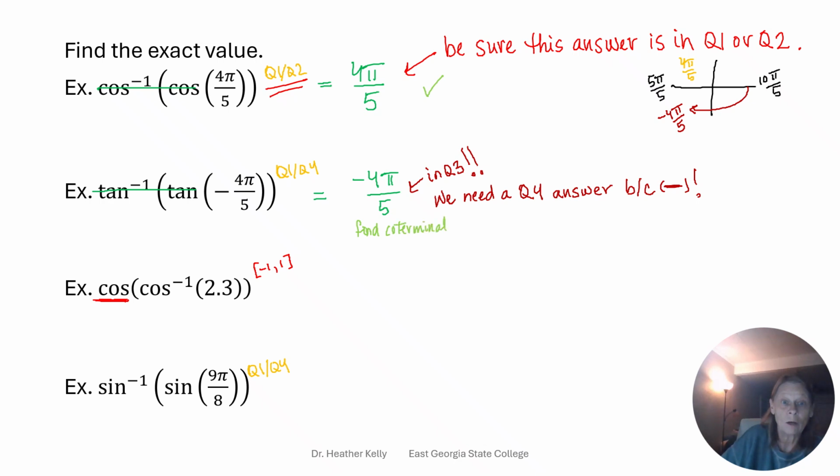Let me find that coterminal angle by saying negative 4 pi over 5 plus 2 pi. That's equal to negative 4 pi over 5 plus 10 pi over 5. That's going to give me 6 pi over 5.